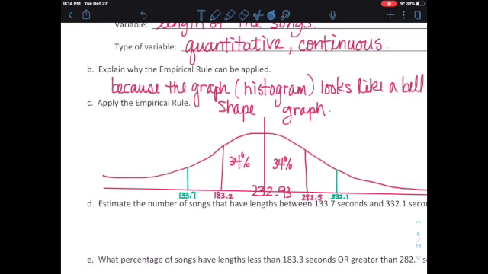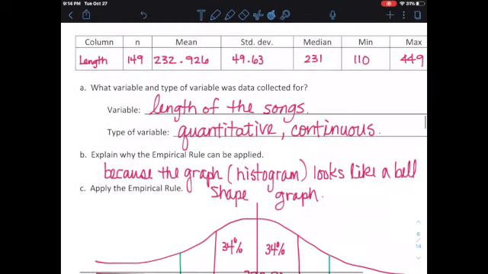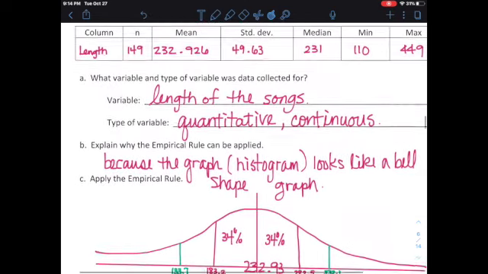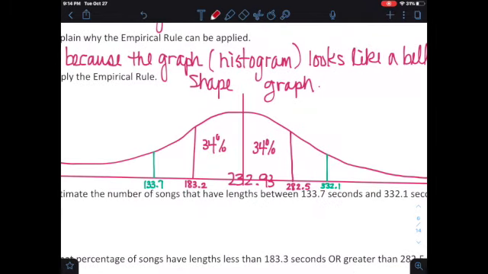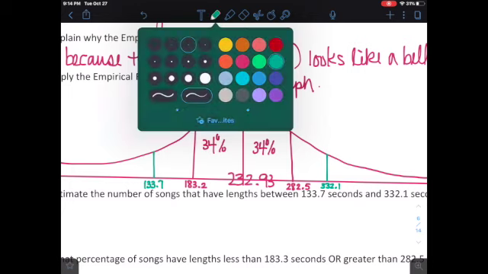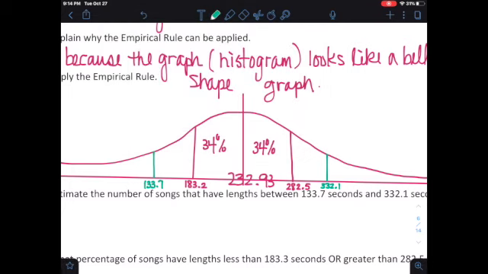Over on the right hand side, you have 282.5 added to 49.63 and that gives you 332. And that will be your 13.5%, which is a 95 percentile. So that's 13.5%, and that's 13.5%.